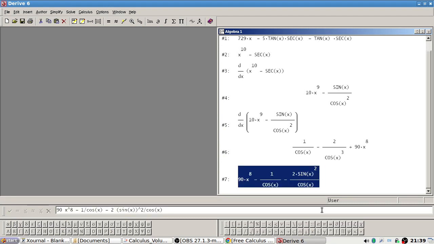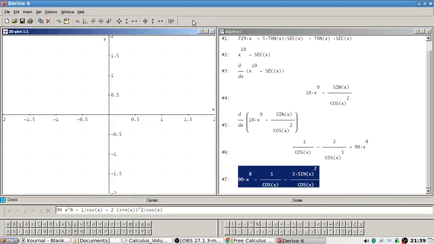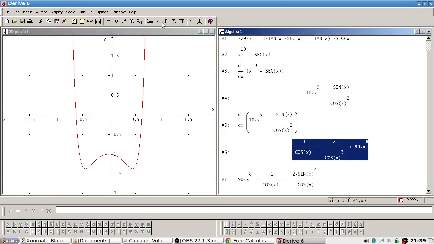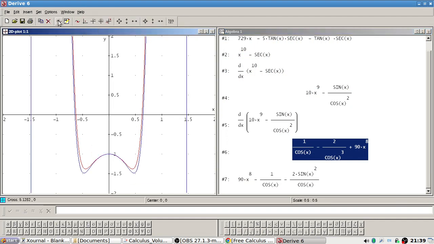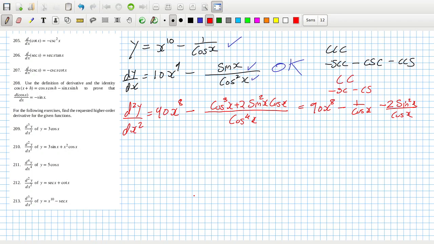Okay, it is fine. Let me plot that. Okay, that's my one. And then let me plot their one. Ah, okay, I'm making some stupid mistake here on this step. What on earth am I doing wrong here?